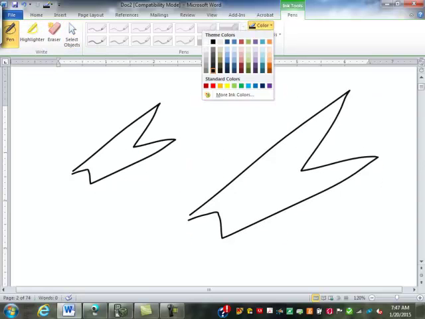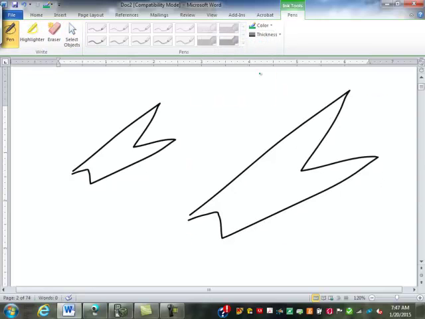Taking these two figures here, you can see that one is just an enlargement of the other. Now I want to find the missing pieces here, x, y, and z.